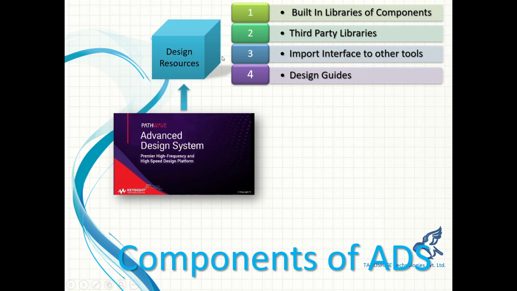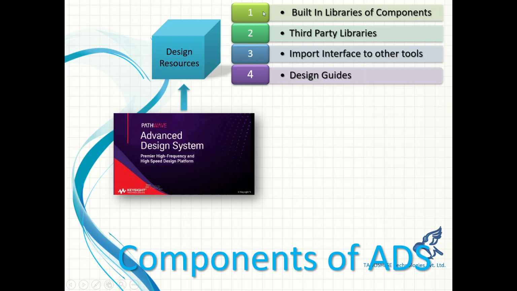ADS also allows you to import designs from other tools. For example, I can get a portion of a design from a different software from the same Keysight, like EMPro, and then import it into the layout in ADS. So I can have an import interface to different tools.